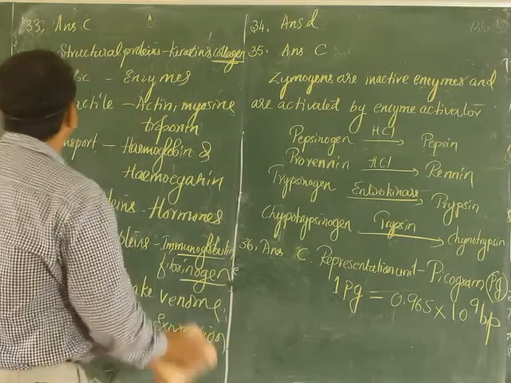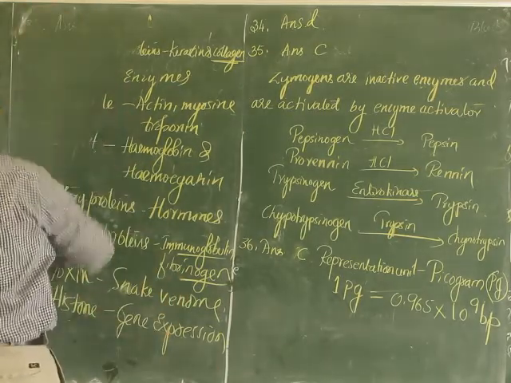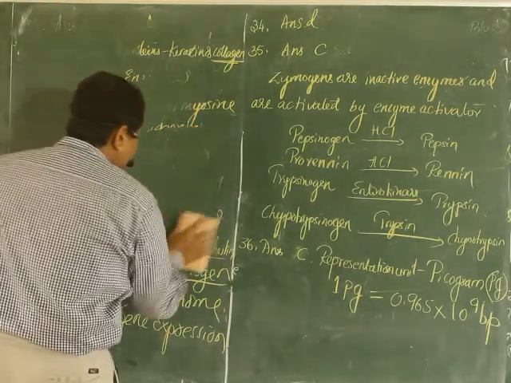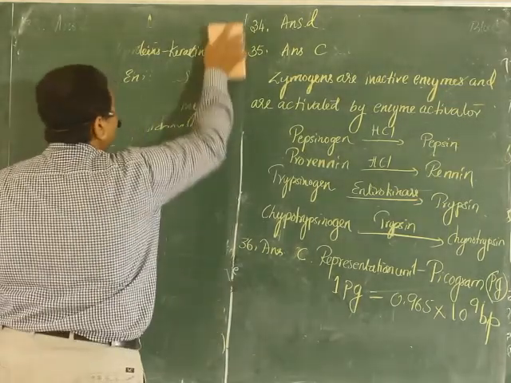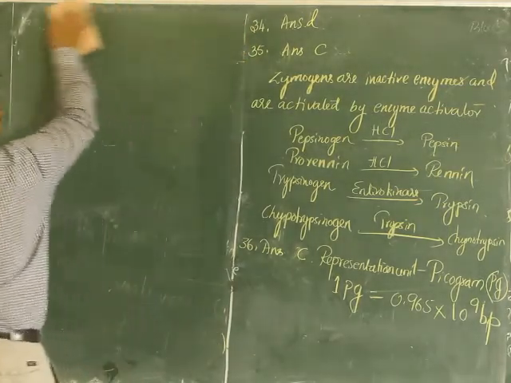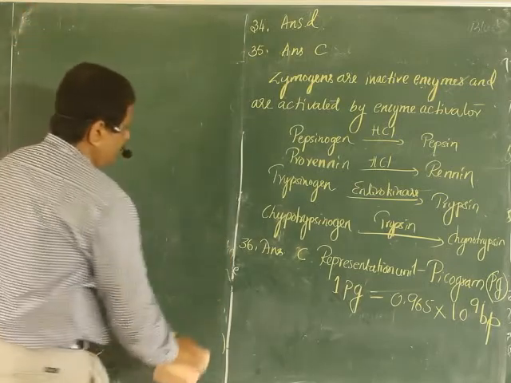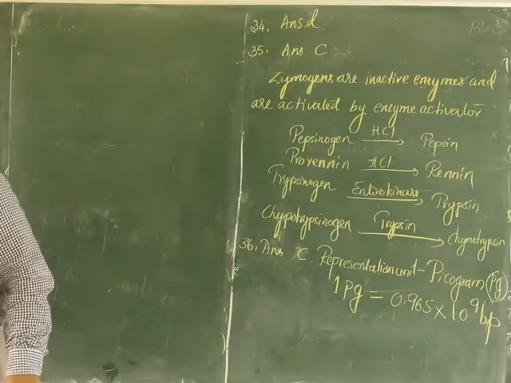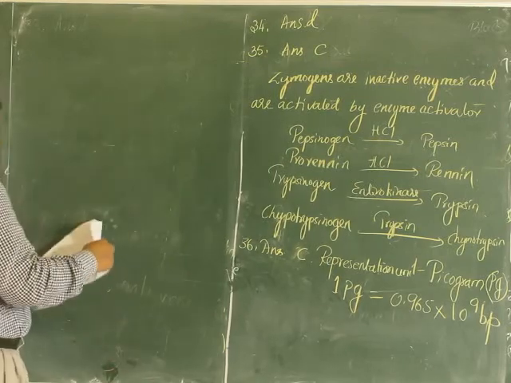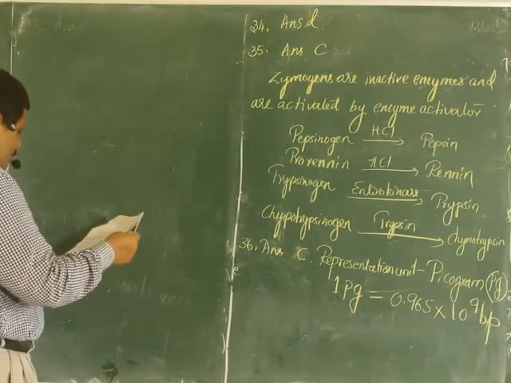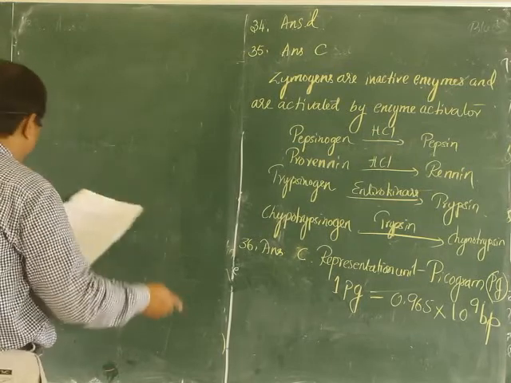Question number 37. Choose the incorrect pair from the following.